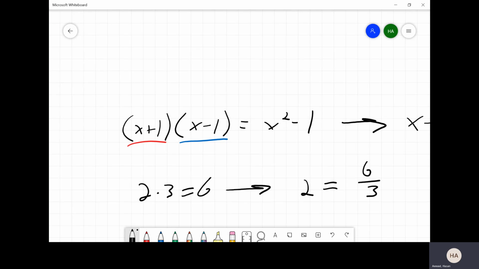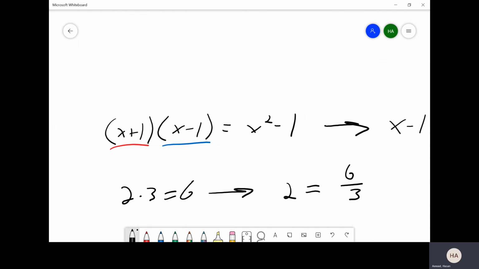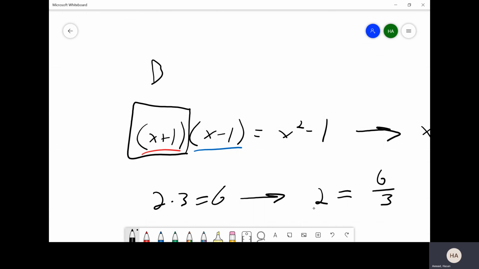And when we think about it, if we're trying to consider whether or not x plus 1 is a factor of x squared minus 1, think of x plus 1 as your b of x, and x squared minus 1 as your f of x. So the theorem says x plus 1 will definitely be a factor of x squared minus 1 if there's some other polynomial that multiplied together will give you that x squared minus 1.